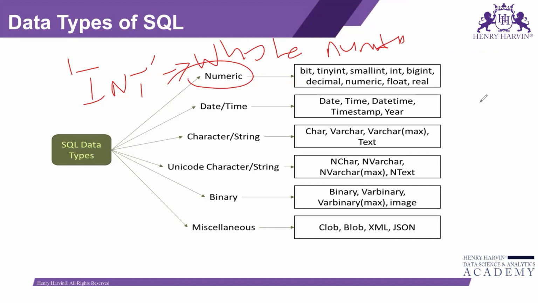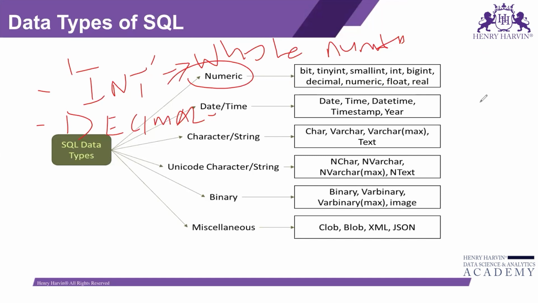Then the next one, we have decimal, which is given in this manner, decimal with precision and scale, or maybe numeric with precision and scale.